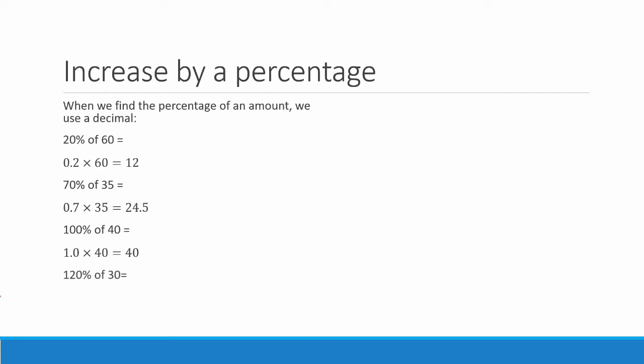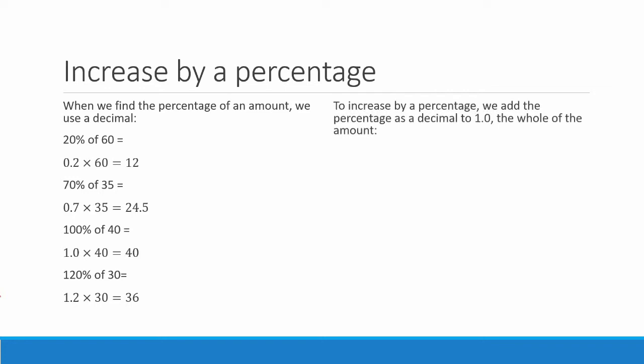And finally, if I actually wanted to find 120% of 30, then dividing by 100, I'd end up with 1.2 times 30. And that's actually the same thing as increasing by 20%, because I have my 100% of my amount and then an extra 20% on top of that.